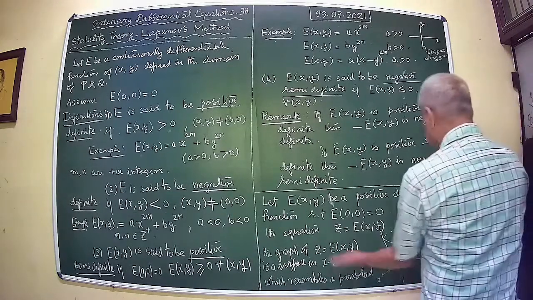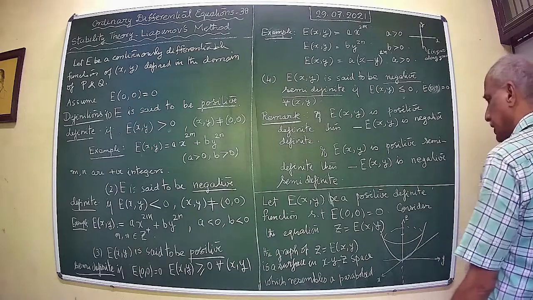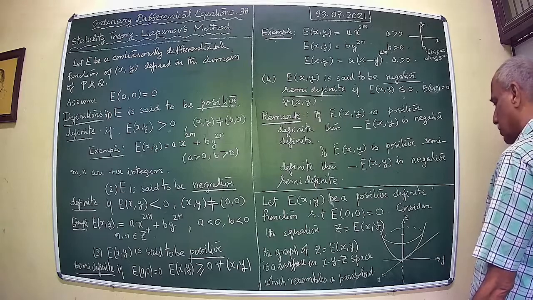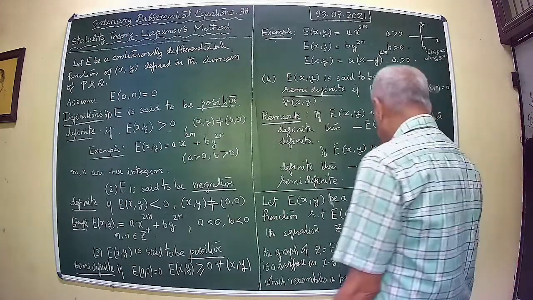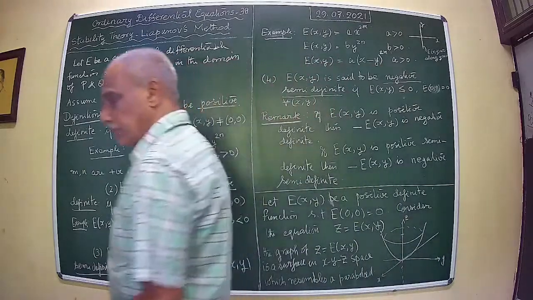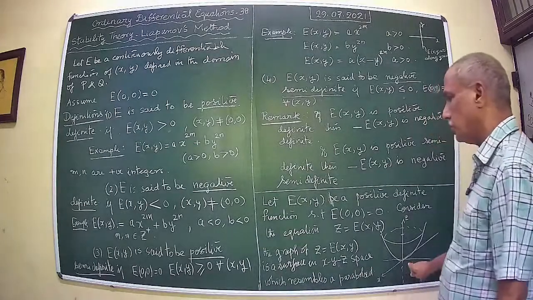Certainly it stays in the upper half of the xyz space, for z greater than 0, and what you have is that E(0,0) equals 0, therefore it passes through the point (0,0,0).